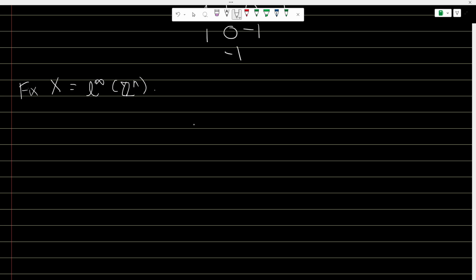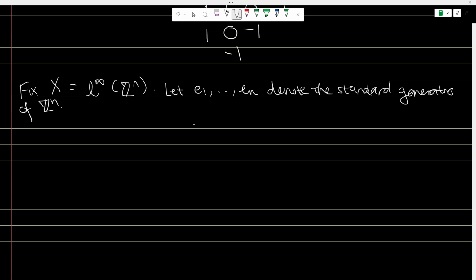And we're going to let e_1 through e_n denote the standard generators of Z^n. So these are (1, 0, ...), (0, 1, 0, ...), and so on.